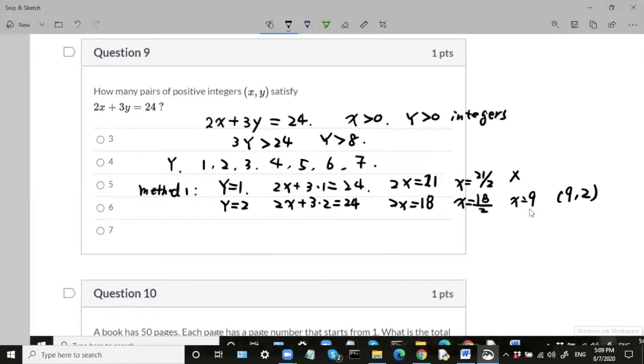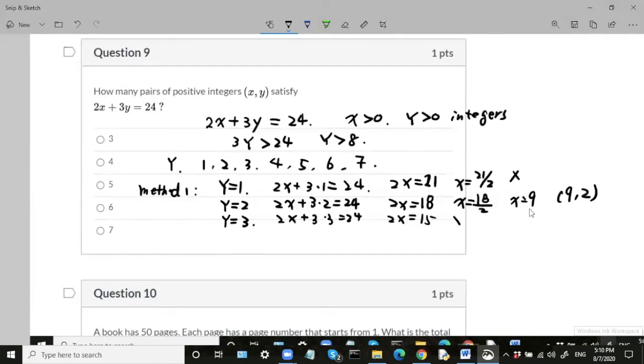And we also check all the others. y equals 3. Quickly calculated, 3 times 3 equals 9, and 2x equals 15.